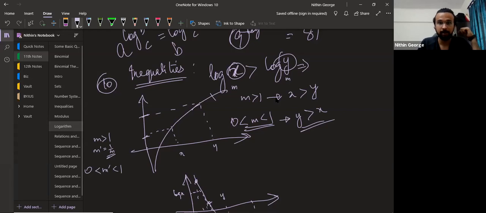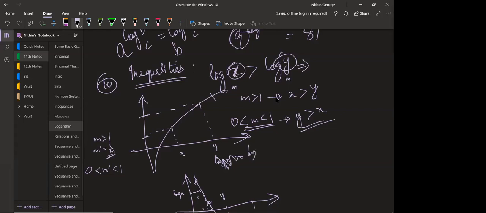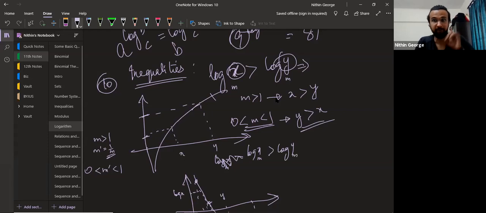So here, if I am saying log x to the base m dash, so I made the base between... Okay, we'll try another thing. Log x to the base m greater than log y to the base m is what is given. So I'm going to play with this.